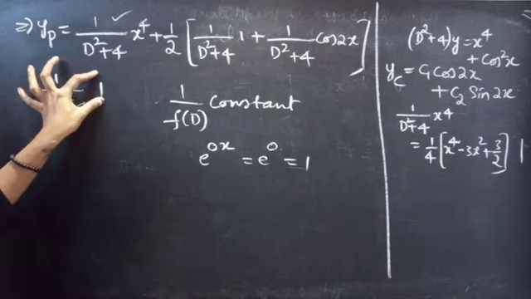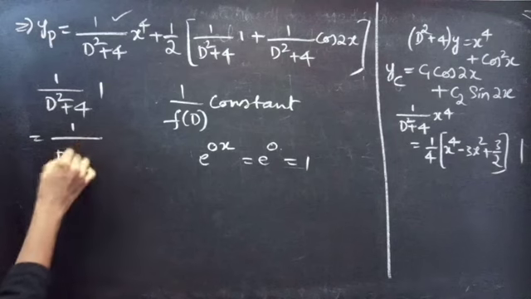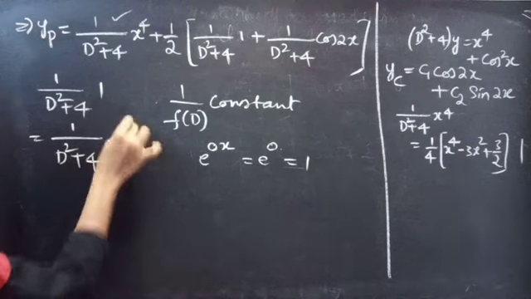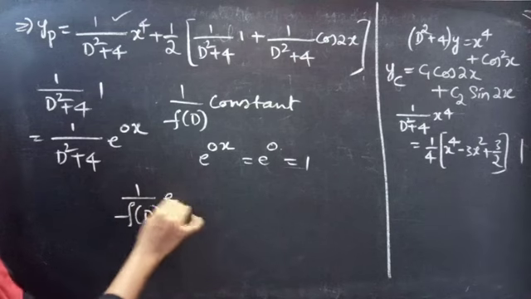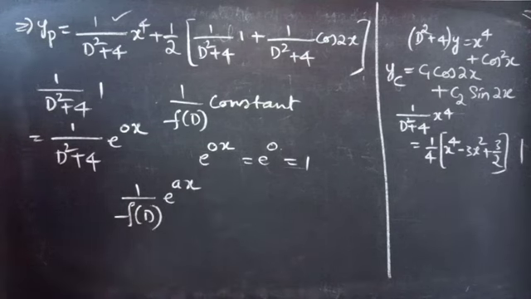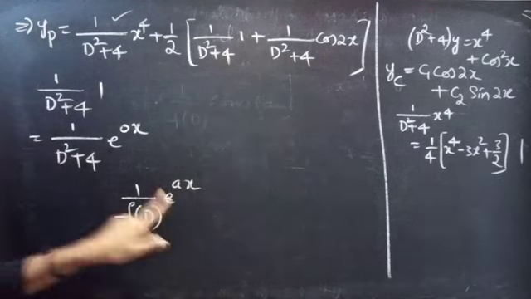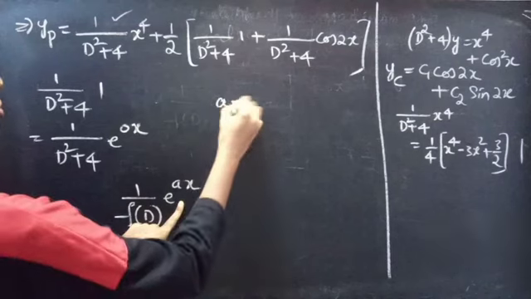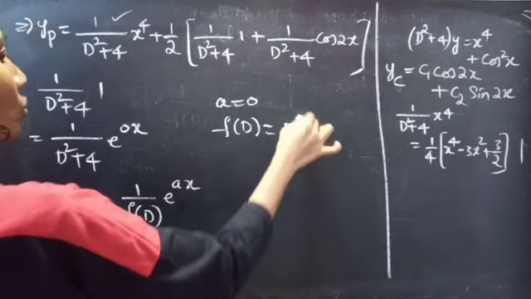So we'll replace 1 by e power 0x, so that we'll get 1 by D square plus 4 into e power 0x, which is of 1 by f of D into e power ax form, right? For a equals 0. Just compare e power 0x with e power ax, and for a equals 0 we have f of D, which is equal to D square plus 4.